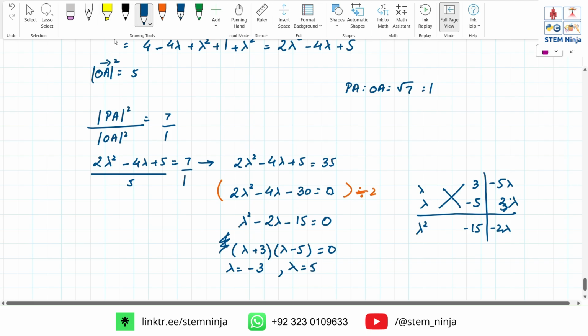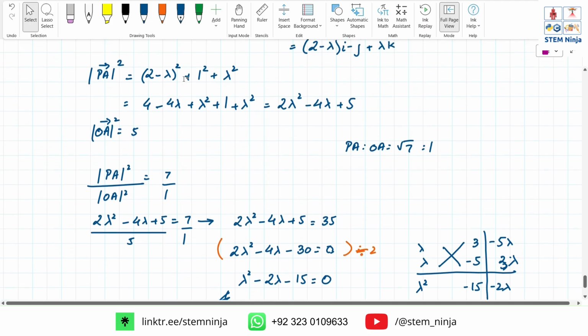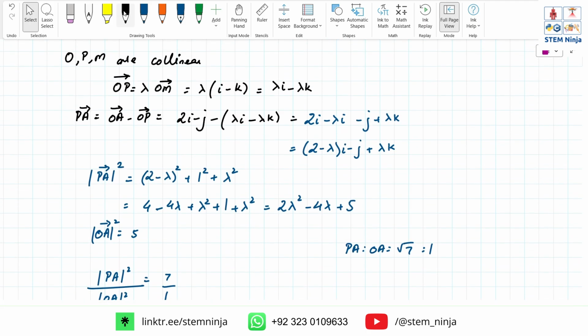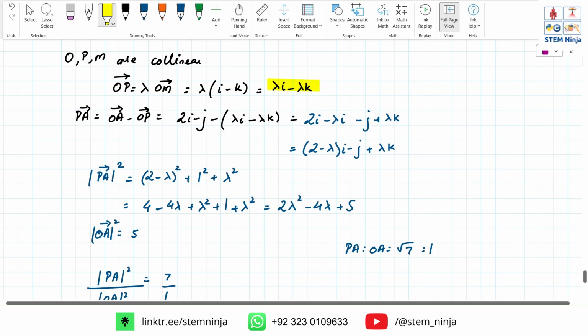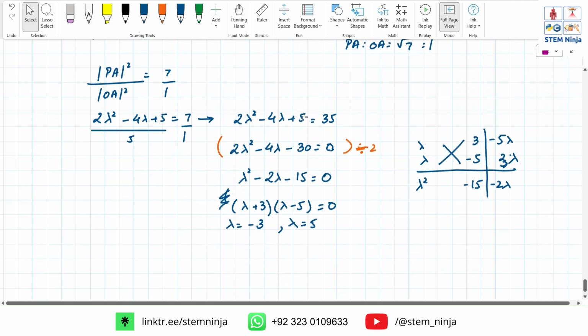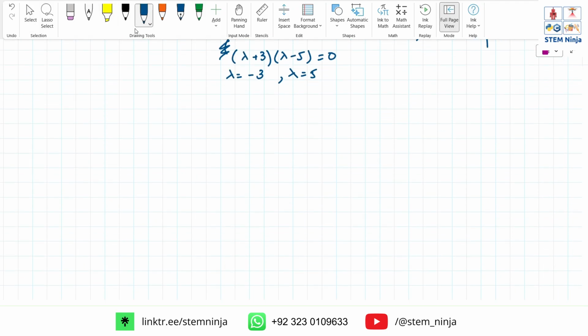Both of these will give us different positions for OP. We had OP equals lambda i minus lambda k.